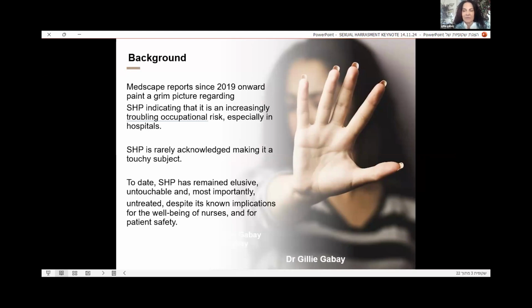And one of the problems is that this phenomenon is rarely acknowledged, making it very elusive and a very touchy subject, especially for the clinicians.